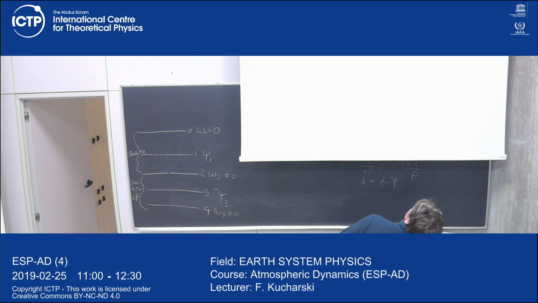Now, one interesting case is, what happens if in reality the thermal wind is 0, which could happen. We can make this assumption here. We should go back to our Rossby waves. Indeed, we go back to our Rossby waves. We still have two solutions.